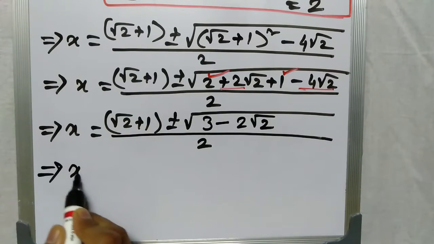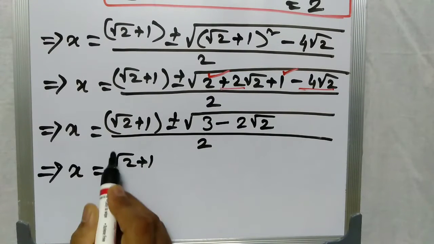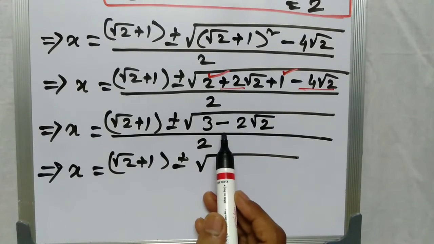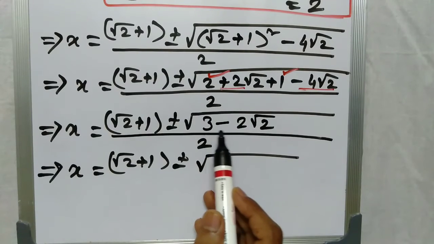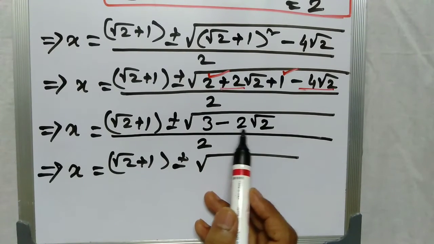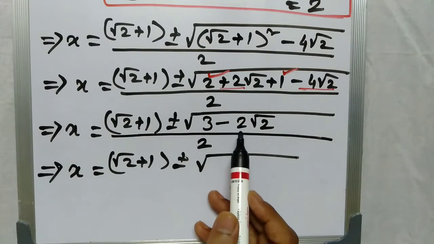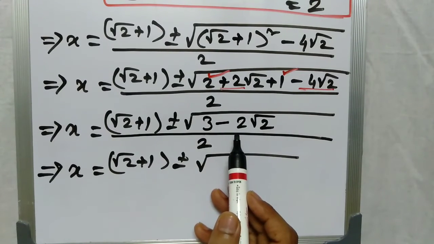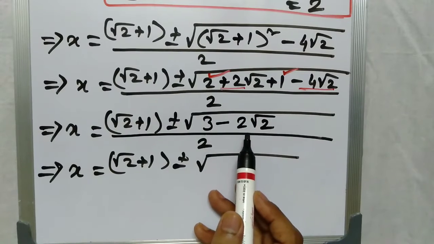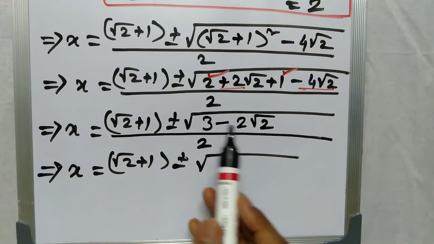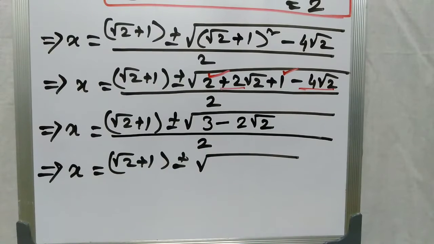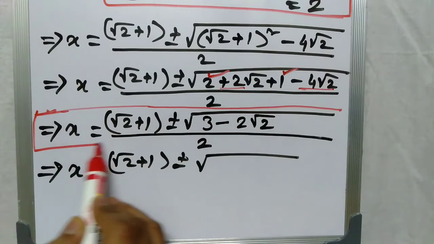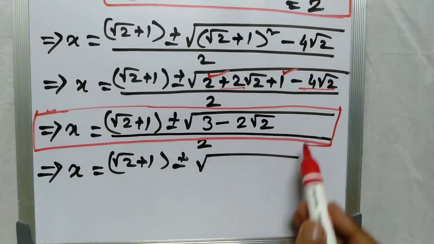It implies that x is equal to root 2 plus 1 plus minus root of 3 minus 2 root 2, which is under square root. It is difficult to find the square root of 3 minus 2 root 2. So we will not write like this.